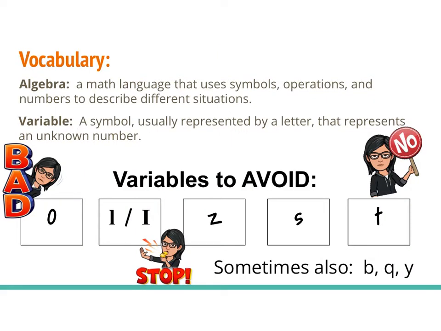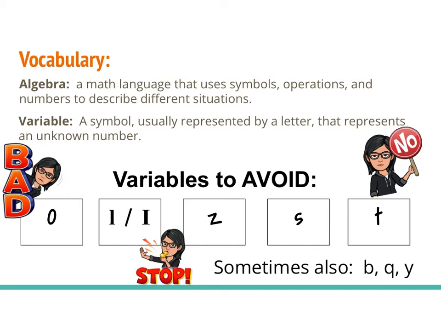Here's some vocabulary that I'd like you to take note of. So there is algebra, and that is a math language that uses symbols, operations, and numbers to describe different situations. And a variable, that is a symbol usually represented by a letter that represents an unknown number.